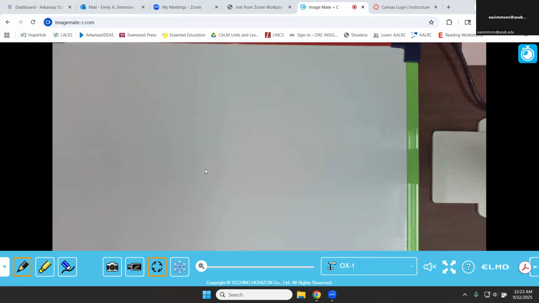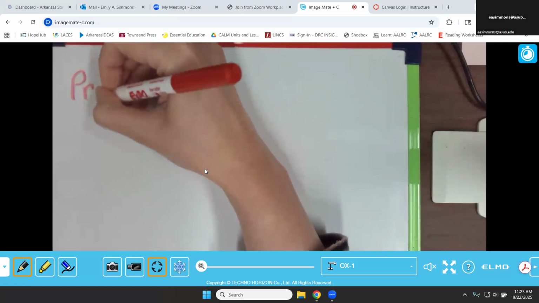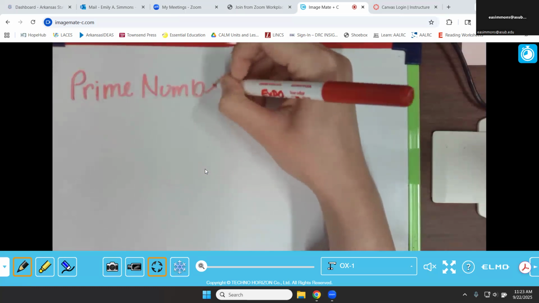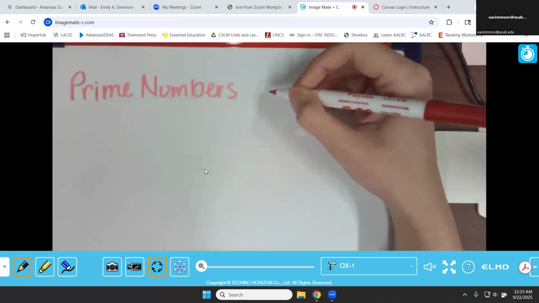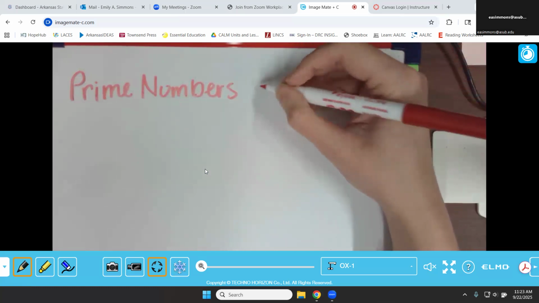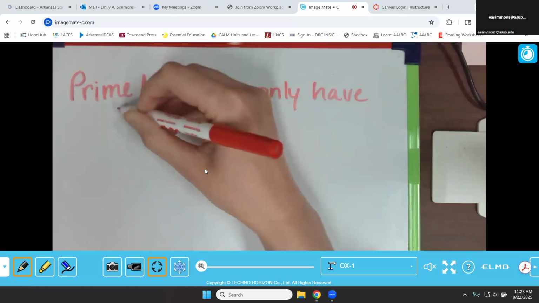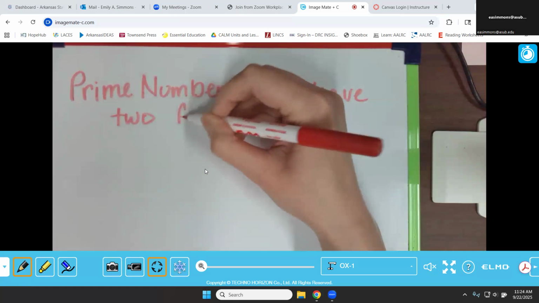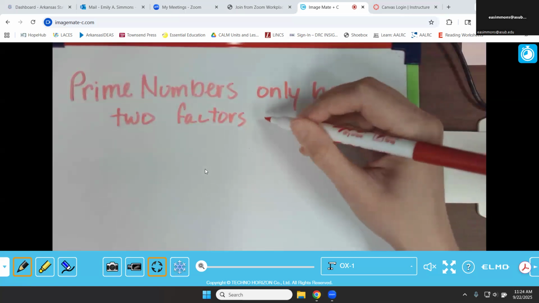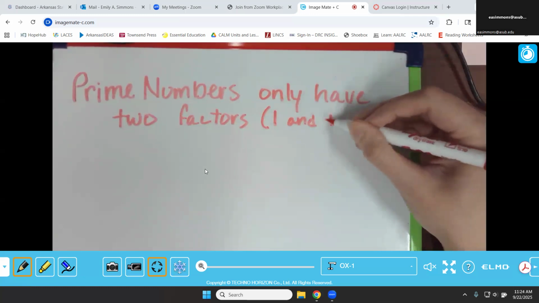So when we're thinking about prime numbers, prime numbers only have 2 factors. And these factors are 1 and the number itself.